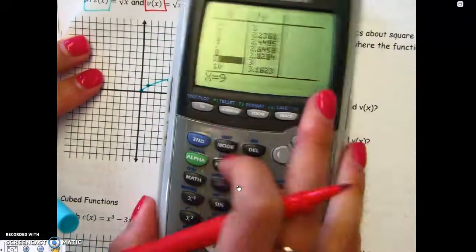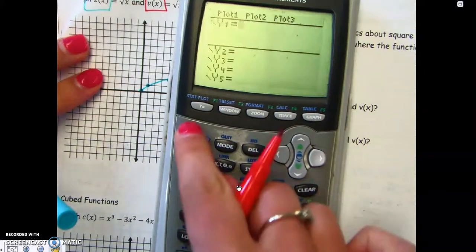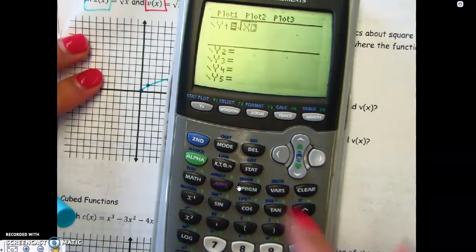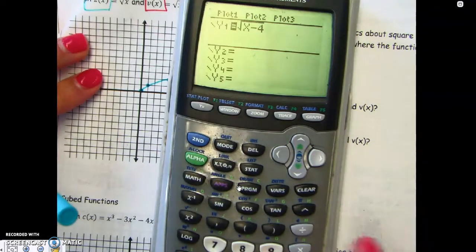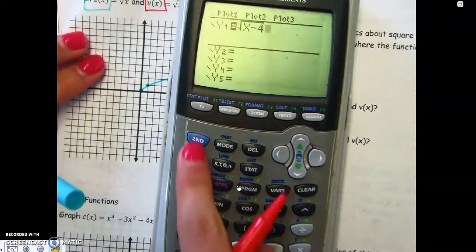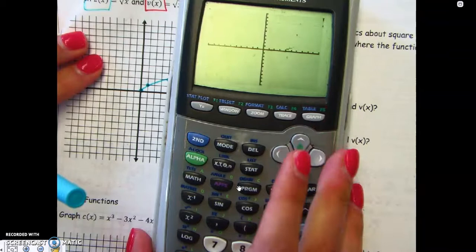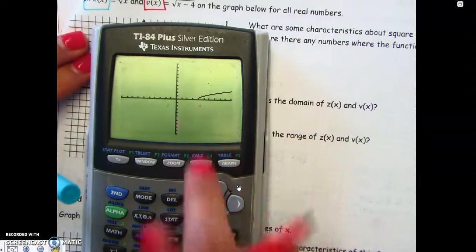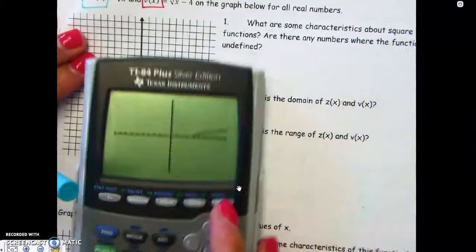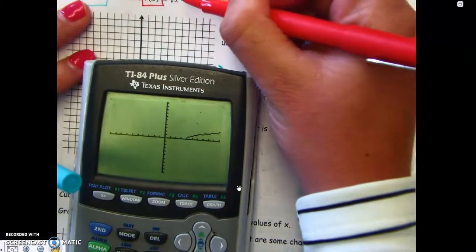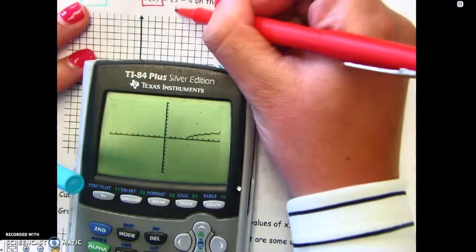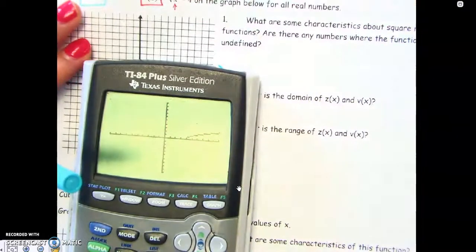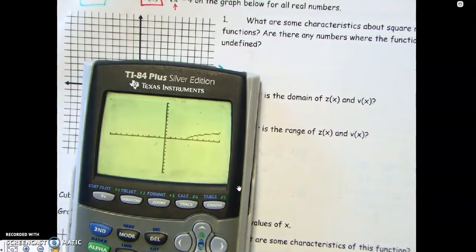Okay. And so then I'm going to graph the other one in red. So that is the square root of x minus 4. The minus 4 is under the radical too. And then when I graph that, it just looks like that. It starts at 4, because the expression under the radical will be a negative number anytime x is less than 4.